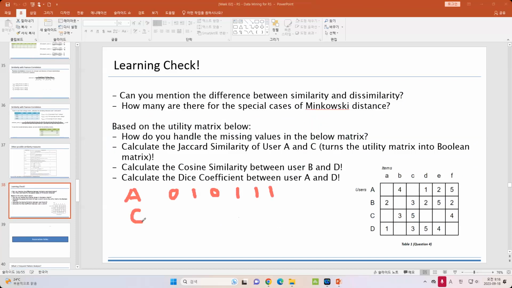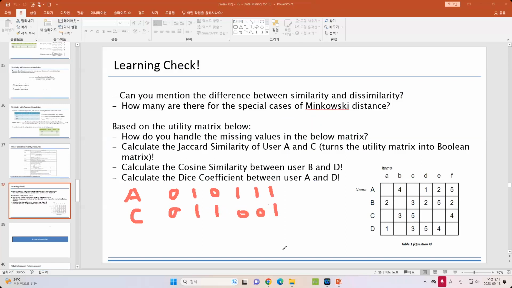And then C will be 1, 0, 1, 1, 1, 1. Oh, sorry. I thought I looked at B. So C is, sorry, C is 0, 1, 1, 0, 0, 1. Okay.